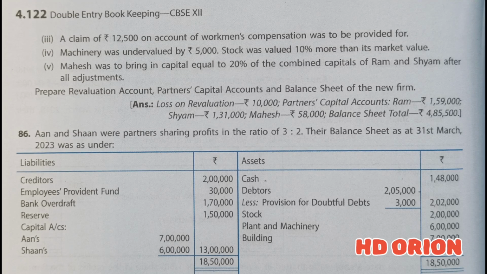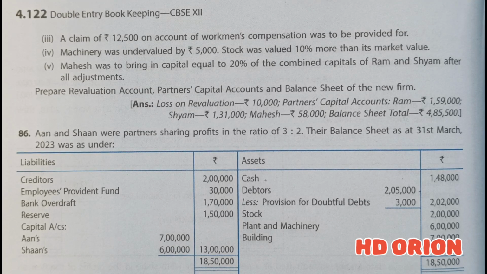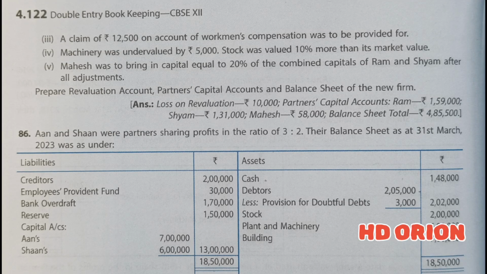Here it says that the new partner has to bring 20%. 20% is 1/5 of the total capital of Ram and Shyam. It is not saying 20% of the total capital of the firm. In the previous video, we discussed that the new partner was bringing a portion of total capital. But here the new partner is bringing a portion of the combined capital of old partners after all adjustments are made.